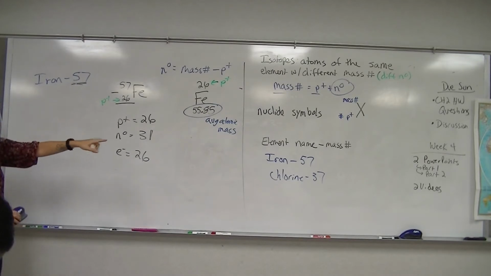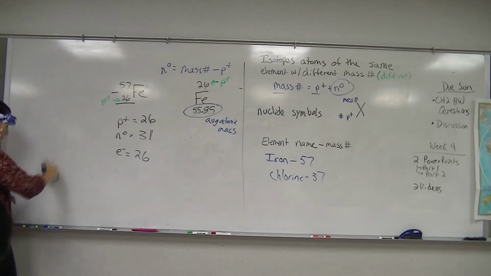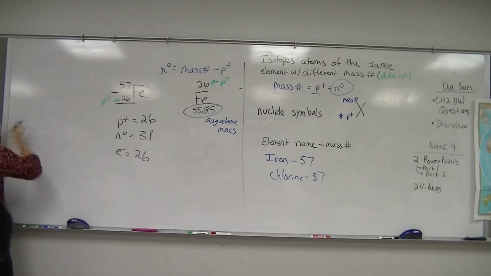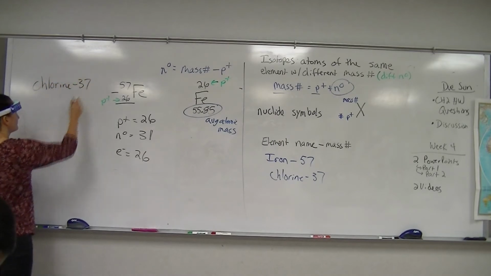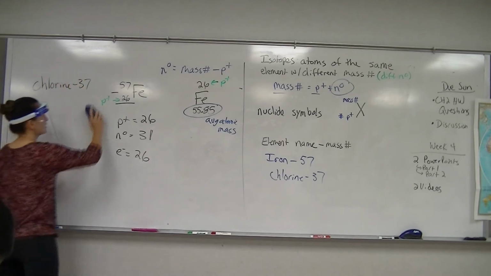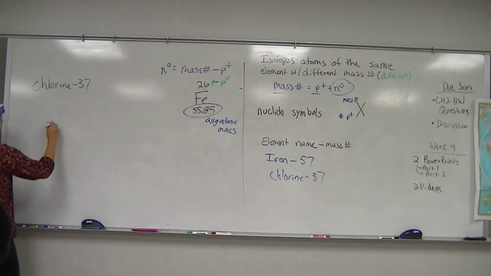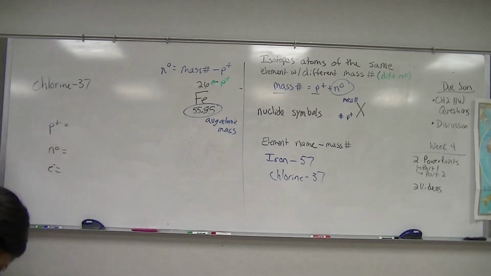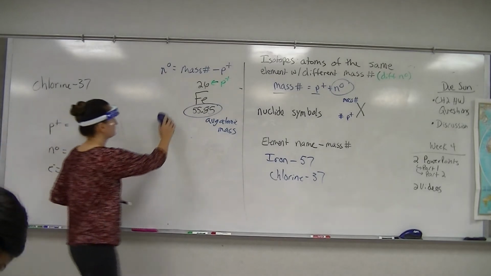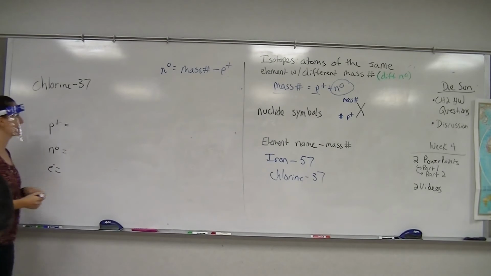So let's try one more of these, doing that chlorine example that I have down there. We'll write the nuclide symbol, and then we'll figure out protons, neutrons, and electrons. So, chlorine, what's the symbol for chlorine?